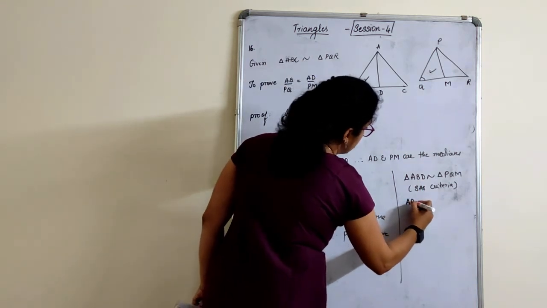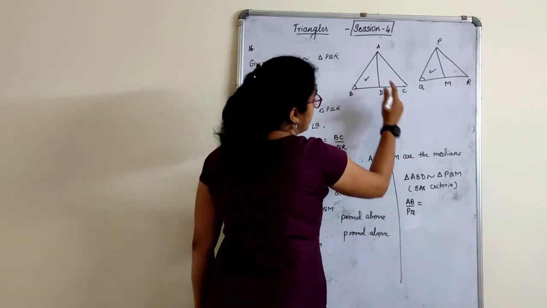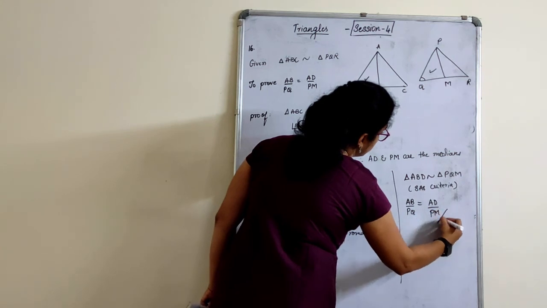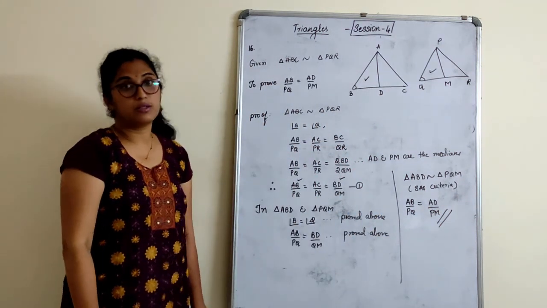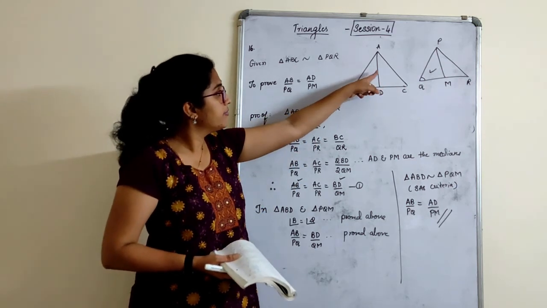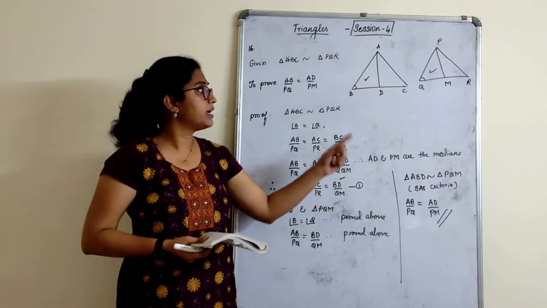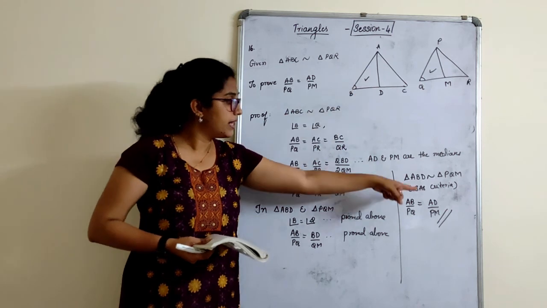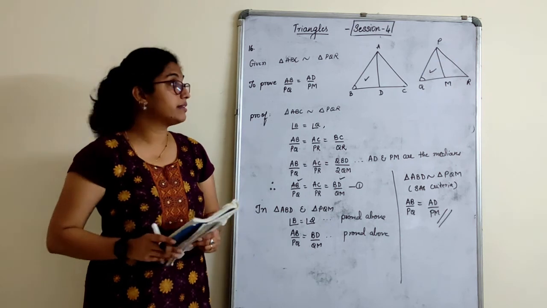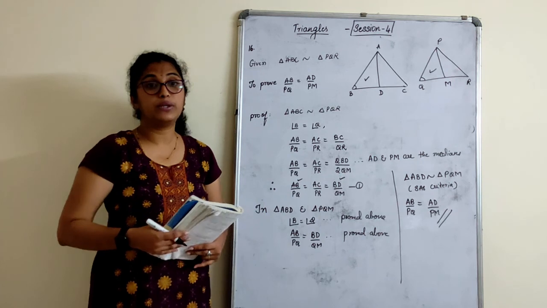Proportional sides will be AB upon PQ is equal to AD upon PM. Hence proved. That is what was asked. This angle we proved from the similar part, and from the median part we also proved that another side is equal. So from SAS we proved that the triangles are similar, and from that we wrote the proportional sides. That is the proof. So with that we complete this exercise. The next one is about areas of similar triangles, which we will be doing in the next session.